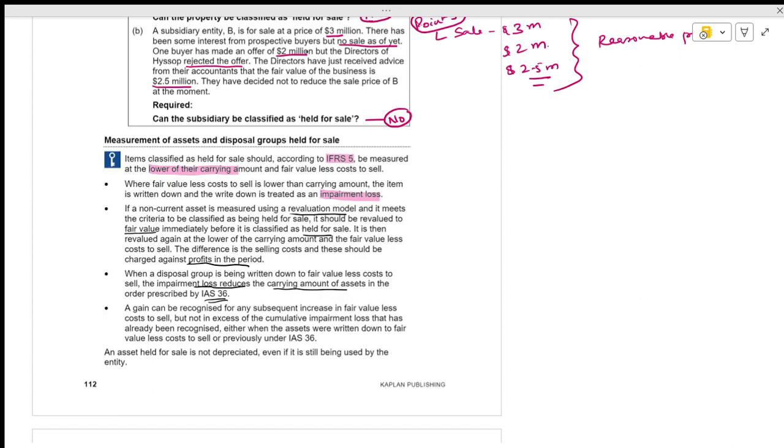A gain can be recognized for a subsequent increase in fair value less cost to sell, but not in excess of the cumulative impairment loss.